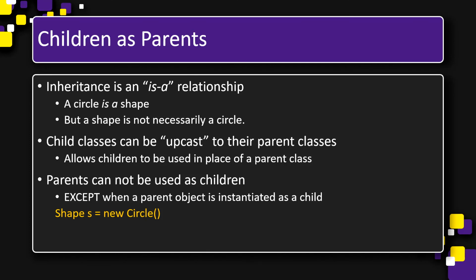Parents cannot be used in place of their children, however, except when the parent is instantiated as a child. So you can see the example here where Shape s equals new Circle. This is an example of a child being used as a shape, but also an example of a case where we might be able to use this shape as a circle explicitly.